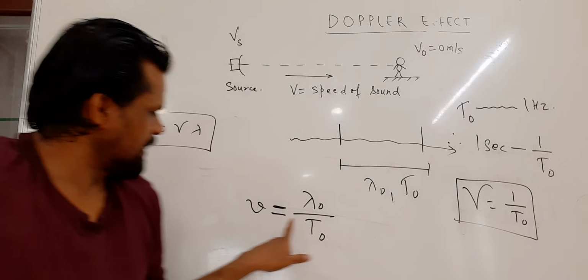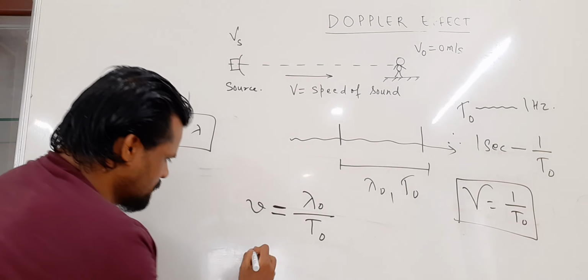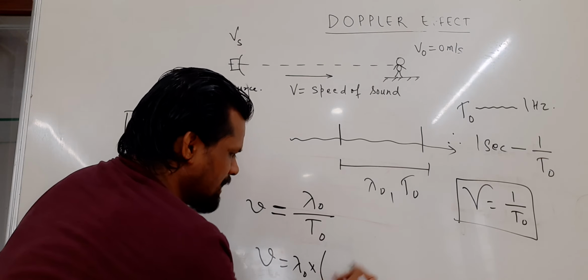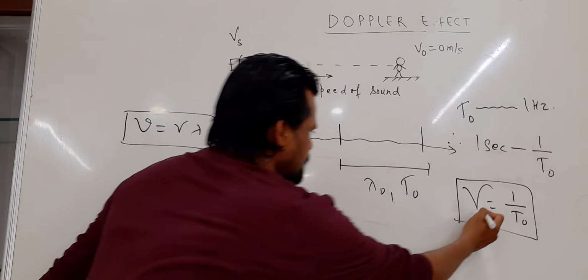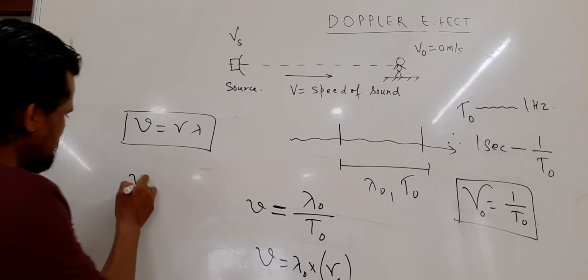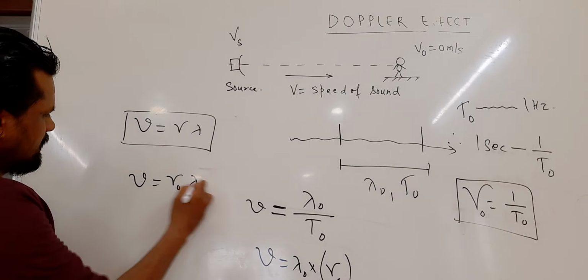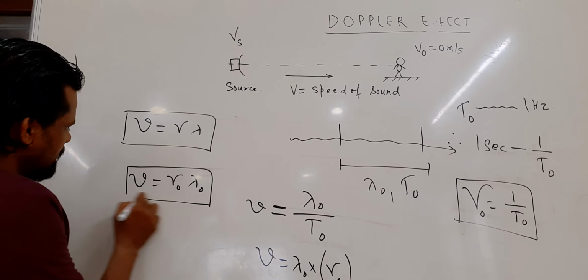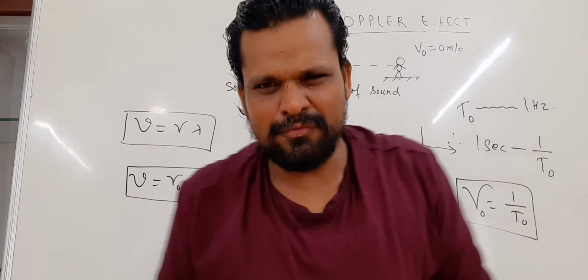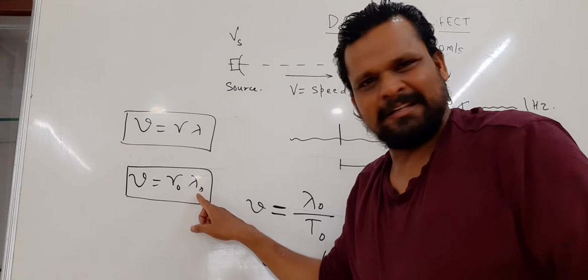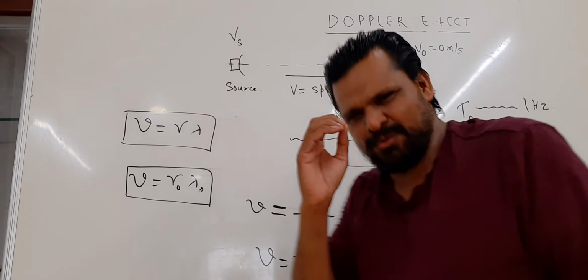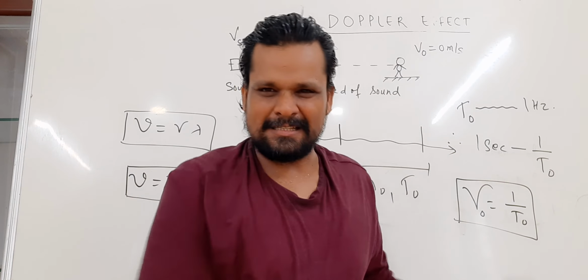Put this value in this equation and you will get lambda naught times nu naught, the very famous formula V equals nu lambda. Speed of sound equals frequency times wavelength. We used these two relations in the previous discussion.